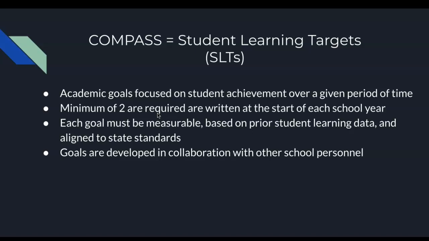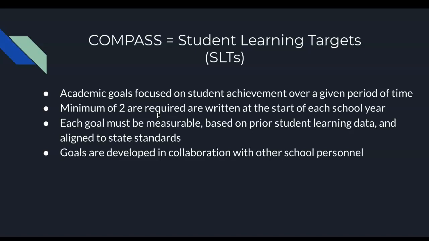The important part of these, kind of think of them as objectives for your students. Just like objectives, they have to be measurable. So you can't say that students will develop a cultural awareness for music in the arts, because you can't really measure that.